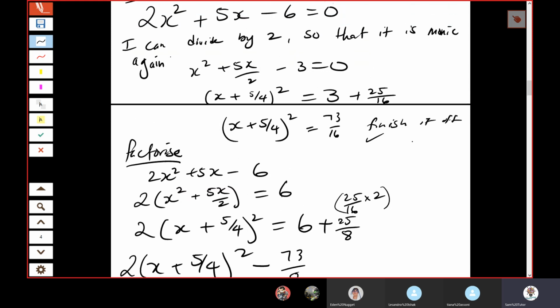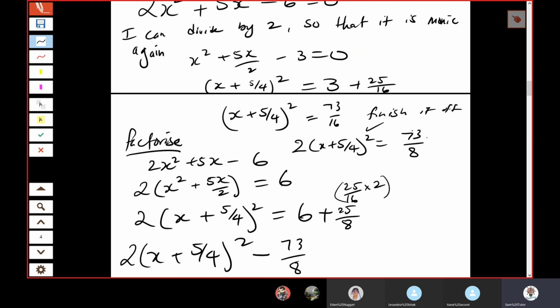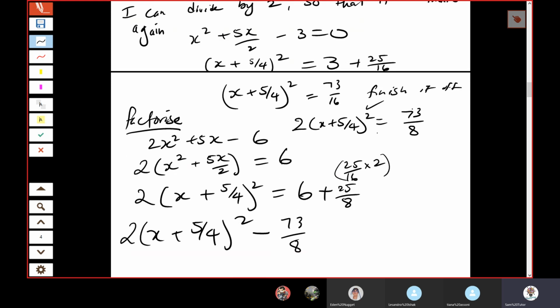Look, if you guys did learn to just divide by 2 to make it monic, that's actually not a problem. It's just that if you were asked to factorize, right at the end, multiply everything by 2. If I multiply everything by 2, it'll look like this. And then bring it over, you're back to here.